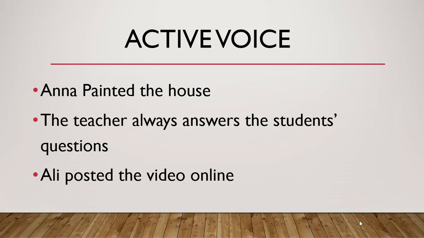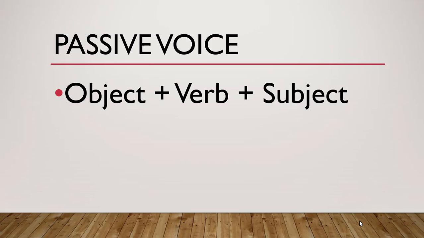Now let's look at passive voice. We have said that for a passive voice, it is the object that performs the action of the verb. So the order of arrangement is reversed in this case, so that we have object, verb, subject.